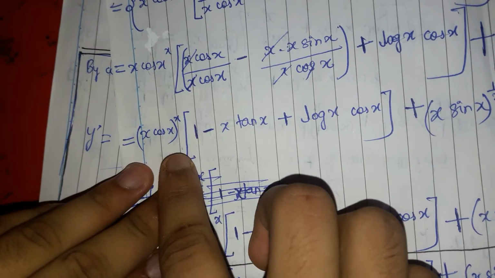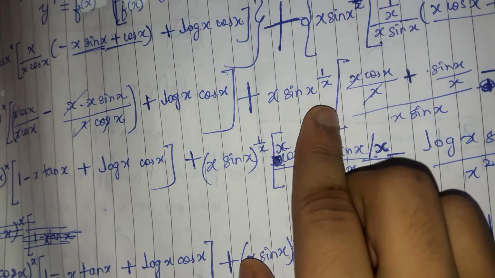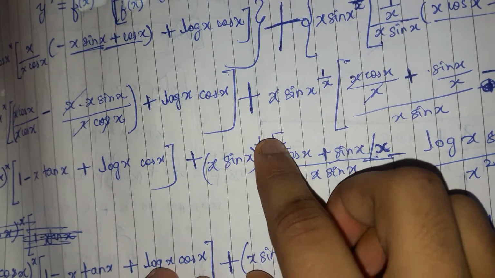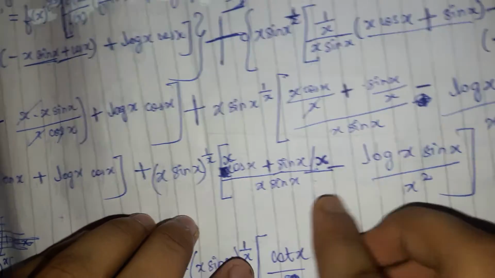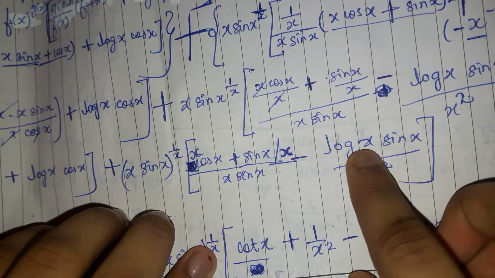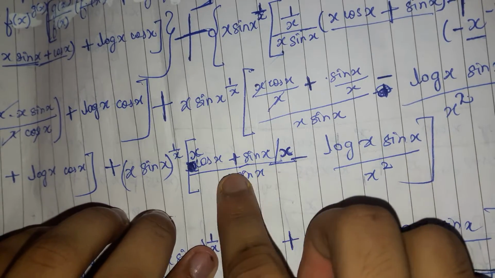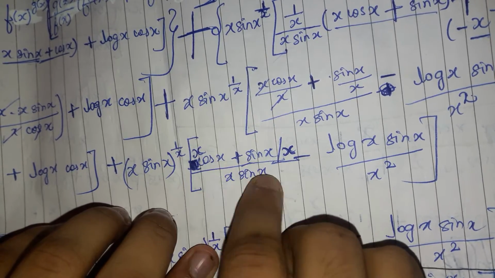Now I copied the same, no change in it, no change in this, and x sin x, 1 by x to the power 1 by x cos x plus x sin x by x sin x log x, in between minus sign is here, log x sin x square. So I distributed x sin x to both of them.